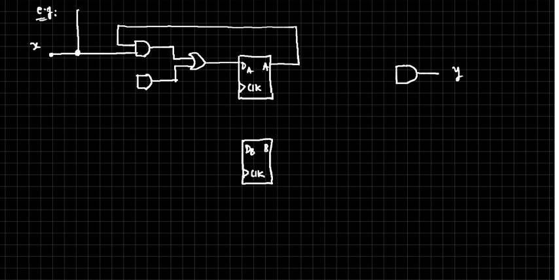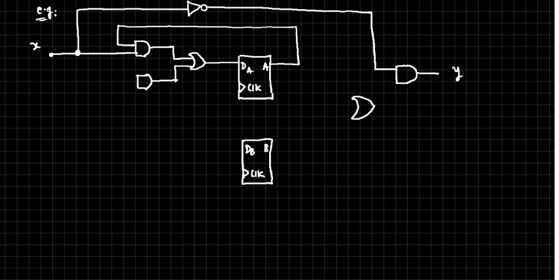There is something special about this circuit. There is a slight complication here.